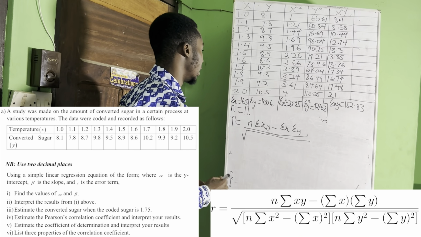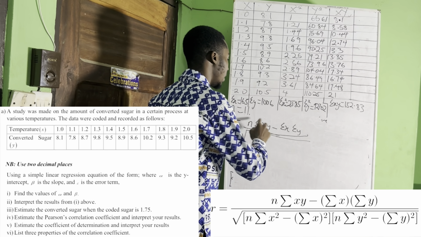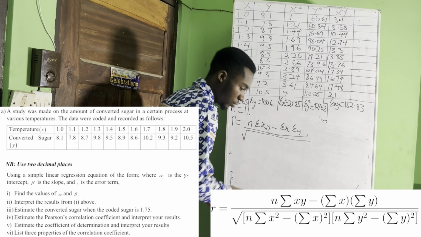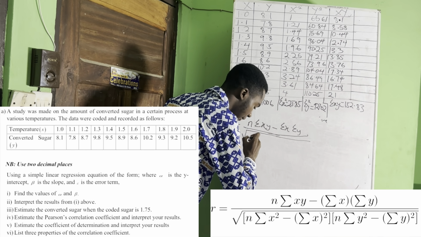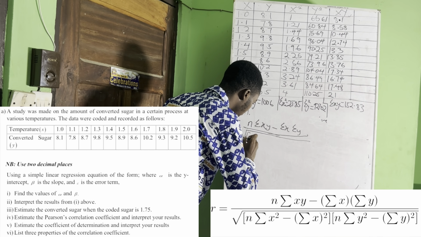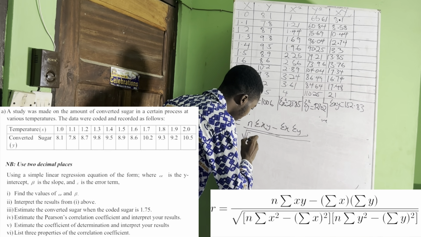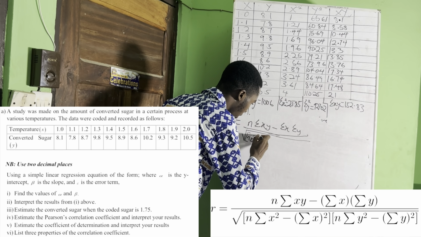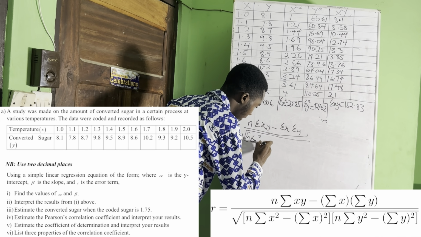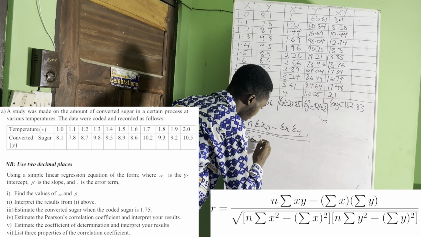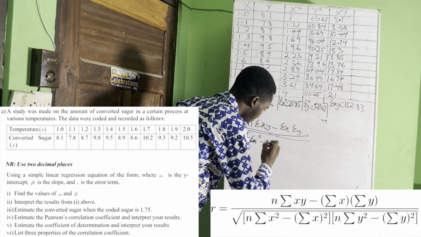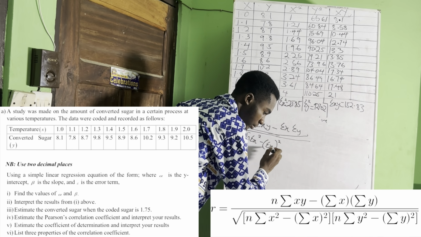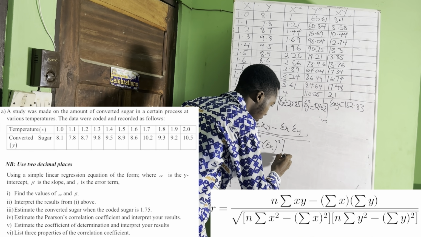So in the denominator you have the square root of, you open a big bracket, then n sigma x squared minus into brackets sigma x, close the bracket, square, then close the big bracket.